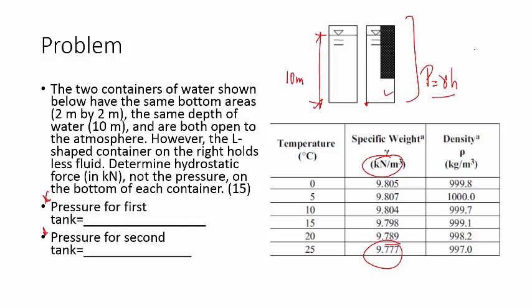Okay, so what we have is the same pressure, and we have 9.777 kilonewtons per cubic meter times 10.